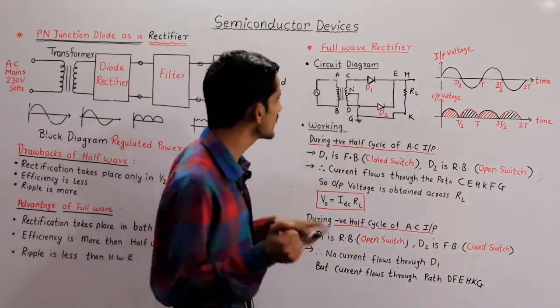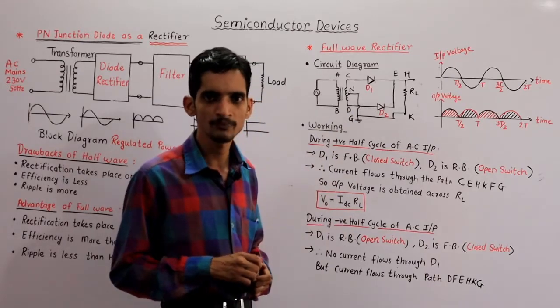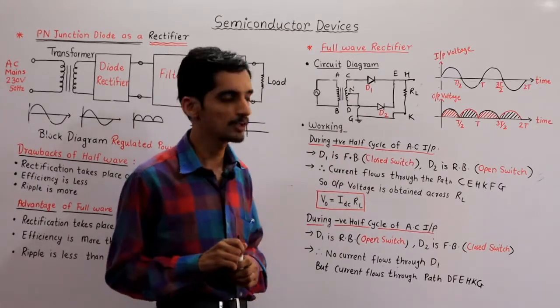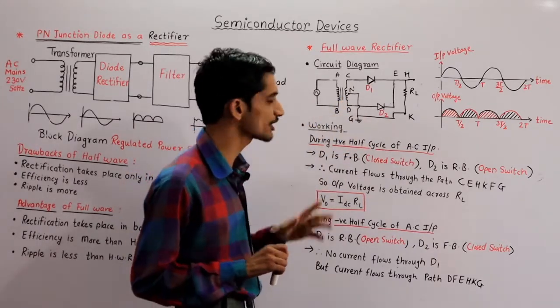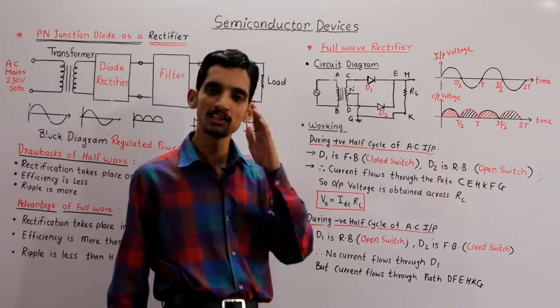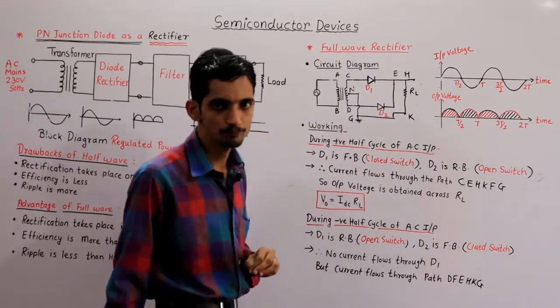Phase splitting means polarity will be reversed automatically once the cycle reverses. So this arrangement is called phase splitting or a phase splitter. This is done by the center tap transformer, the secondary winding of the transformer is tapped, and the load is connected on the output side.